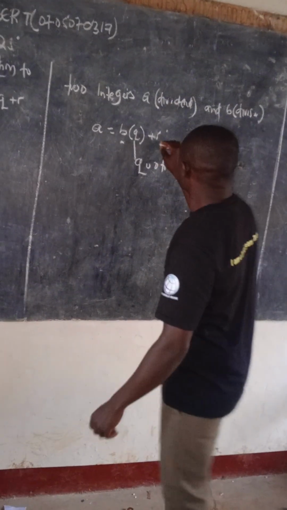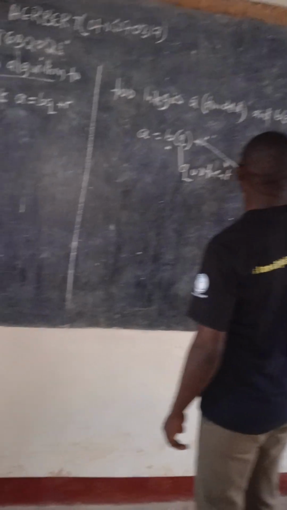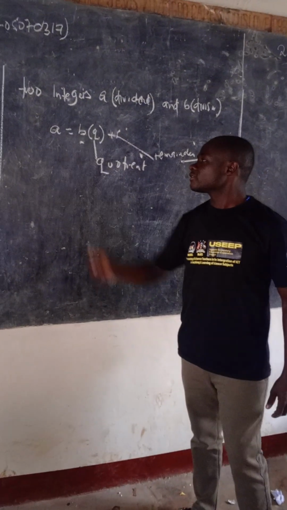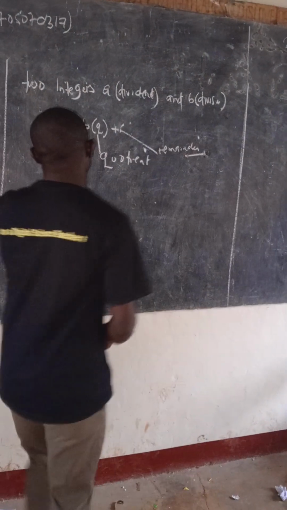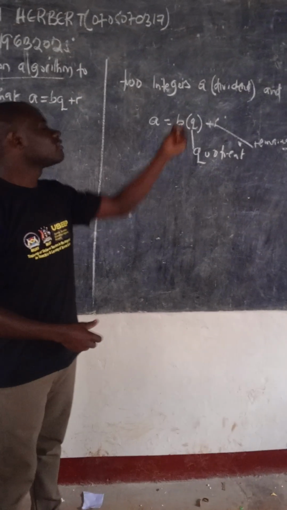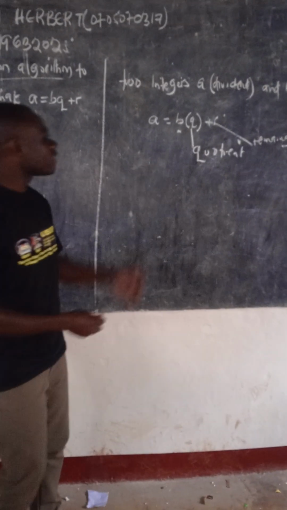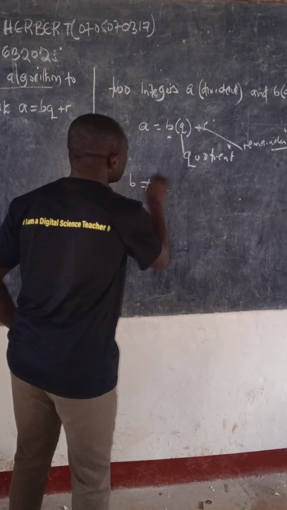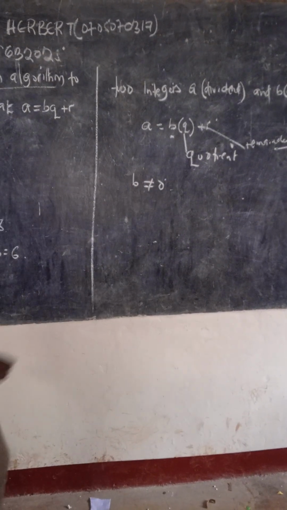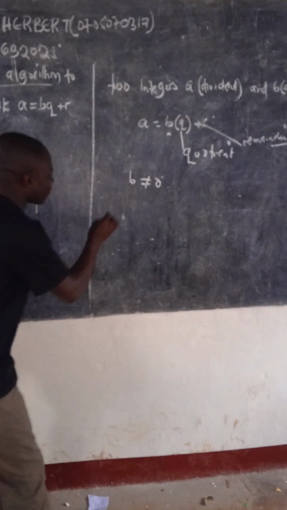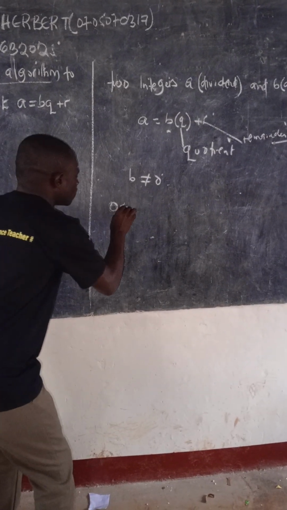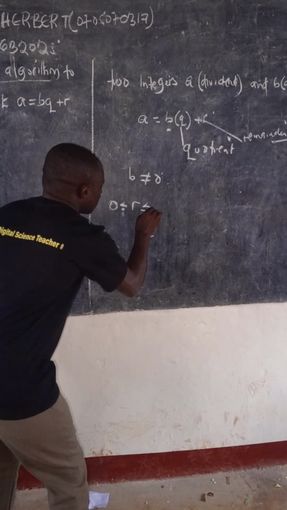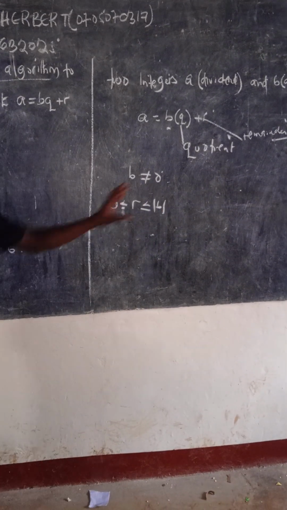And of course, R is the remainder that we get after dividing the dividend A by the divisor B. Technically, B must not be equal to 0, and our remainder should be greater than or equal to 0, but less than B.